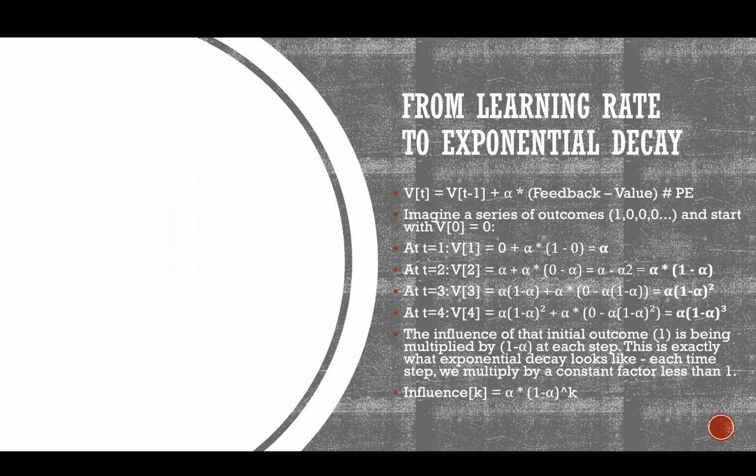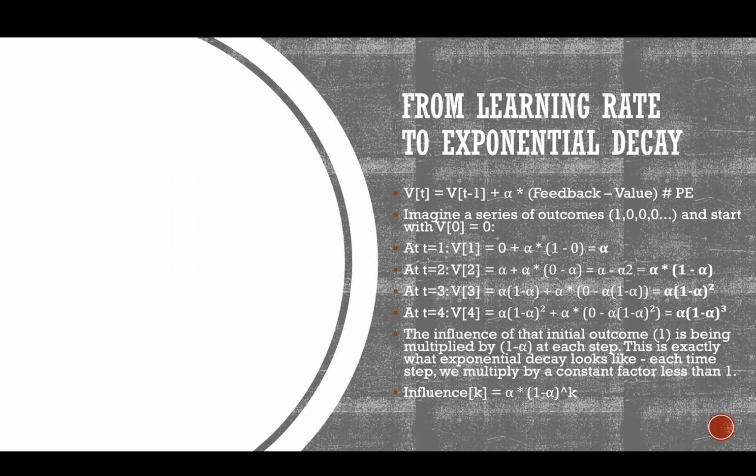As we go to time 4, we repeat the same operation, and we get that the result is alpha times 1 minus alpha to the power of 3. And we can start to see a pattern. The exponent is increasing linearly, which implies an exponential increase.